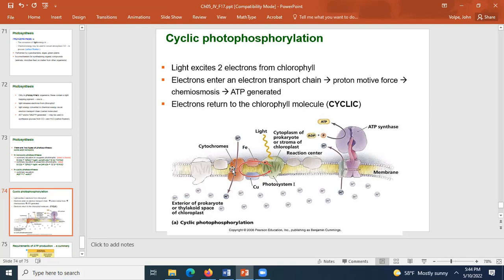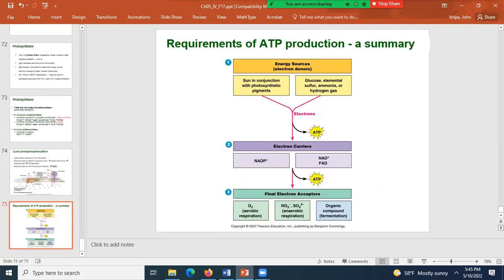What? In the cell membrane? Yeah. Photosynthesis occurs in the cell membrane. So this is going to be the membrane of a chloroplast of a green plant cell, or in a bacteria, this is the cell membrane. All right, any questions about any of that?